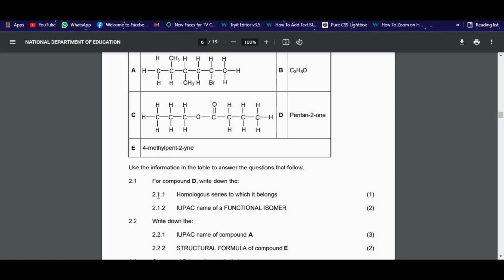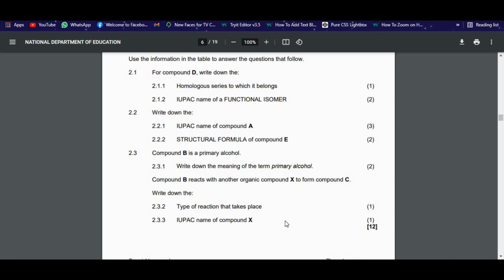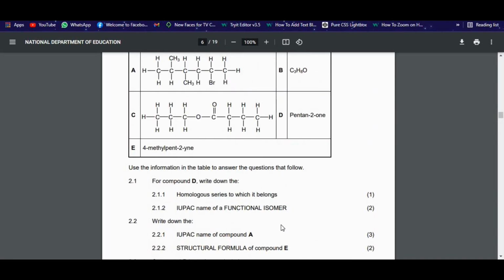So we can do questions 2.1 and 2.2, and then we'll scroll down to do 2.3 at the end, and that's 12 marks, and then we'll mark the question after that. So for now, just to wake up the brain a little bit on this early Saturday morning, 2.1 and 2.2 first, please. Okay, so let's have a look at 2.1.